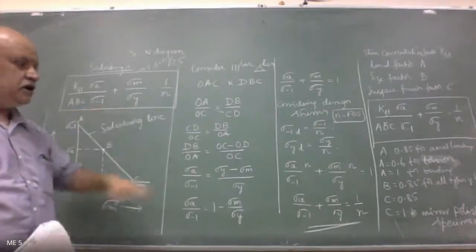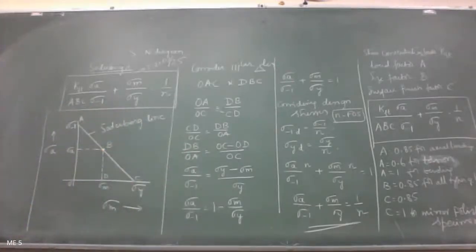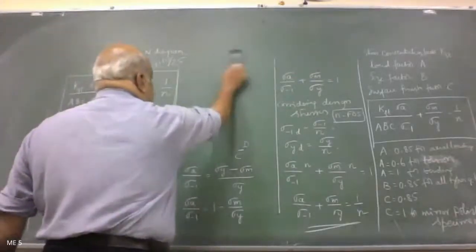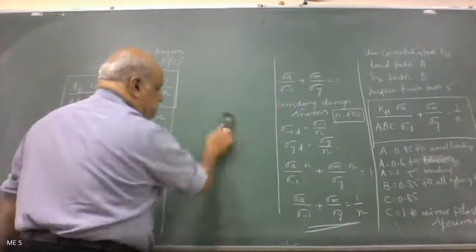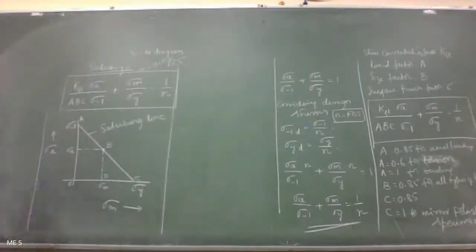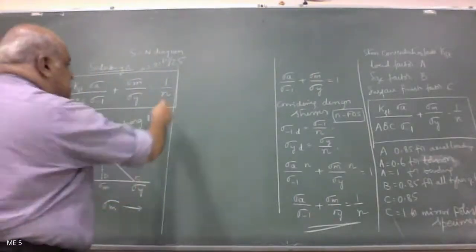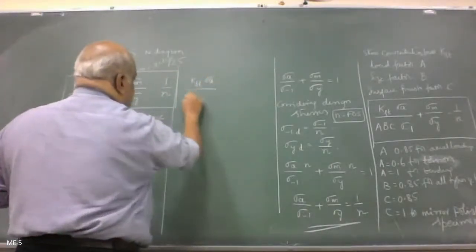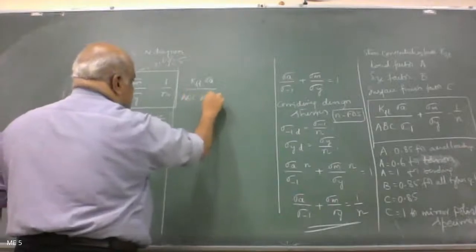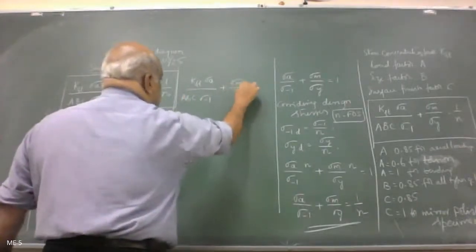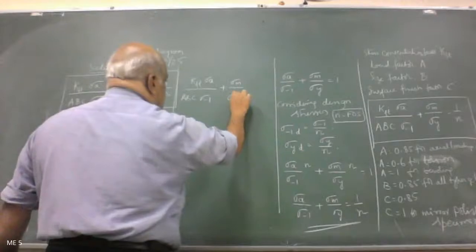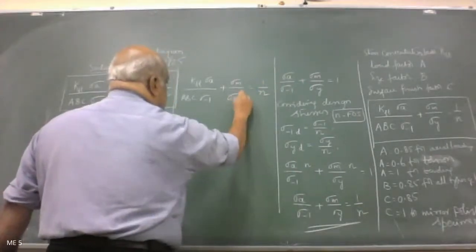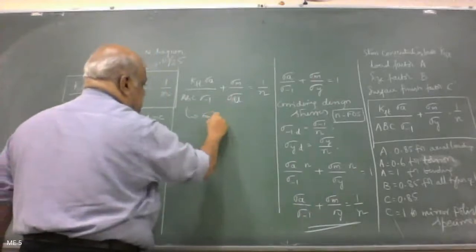Have you noted down this? The Goodman relation: K_FT into sigma_a divided by ABC sigma endurance plus mean stress divided by sigma_u is equal to 1 by n. So this is Soderberg's, Goodman's relation.